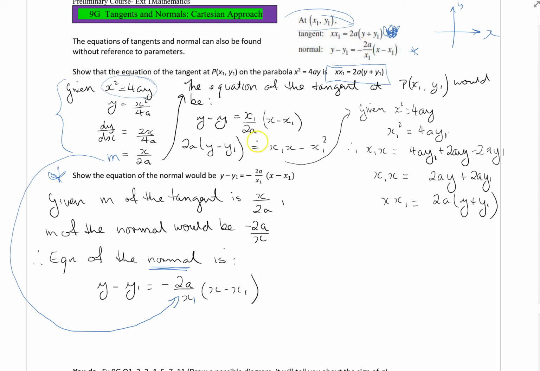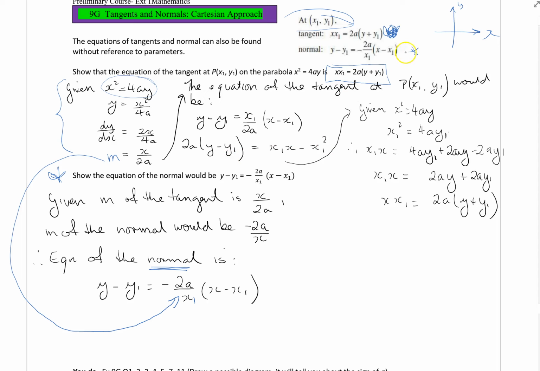This is a long way from that, but I can see they've got rid of the denominator of 2a, so I multiplied both sides by 2a. 2a, y minus y1 equals x1 times x minus x1, all squared. This is still not in the format that I want. The 2a is good, but I want y plus y1, and currently I've got y minus y1.